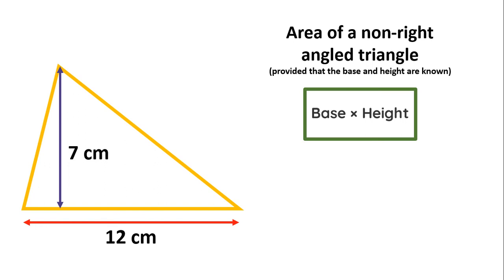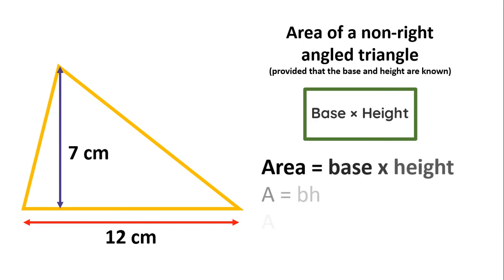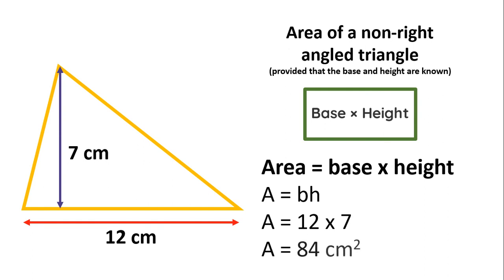It doesn't matter if you have the slant height or you don't, it's not required. As long as you have a base and a height, you can go about solving it. So my area is base times height, and I could also write it as A equals BH. Now A is 12 times 7, which gives me my area as 84 cubic centimeters.